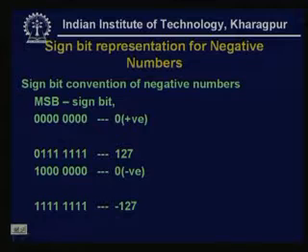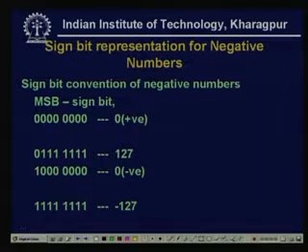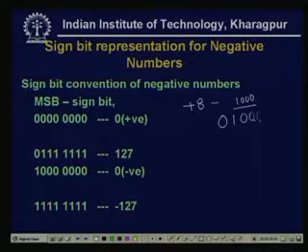Now, sign bit convention of negative numbers: normally we take the MSB as the sign bit. See, if I want to represent say 8, we know the binary of 8 is 1000. If this is a plus 8, so this is a 4 bit representation of 8. If it is a plus 8, I am taking another MSB, it is 0 1000.